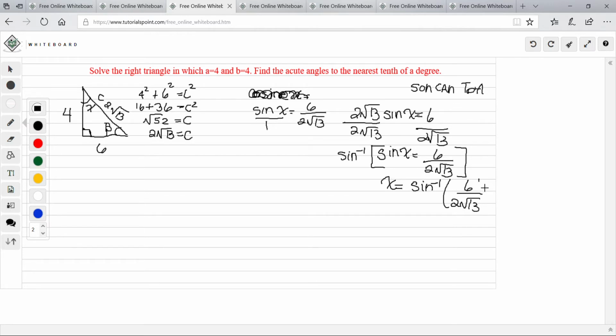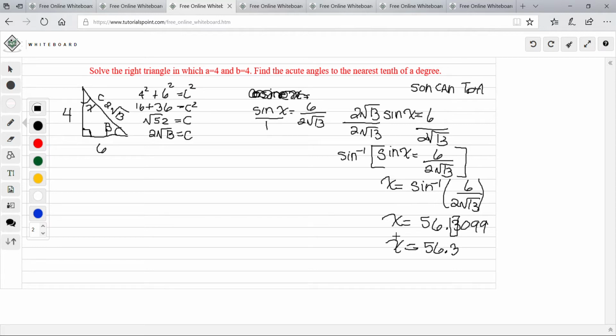Just put it in the calculator, and I get alpha equals 56.3099, and they said round to the nearest tenth of a degree, so it's 56.3. So that's what alpha is.